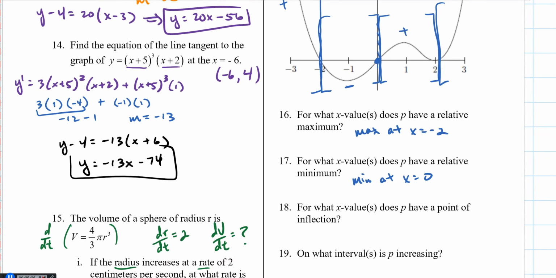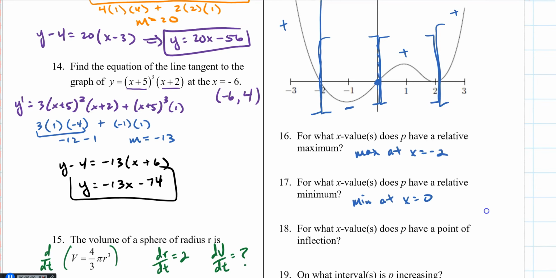18, for what values does p have a point of inflection? So now point of inflection is the second derivative, which is the derivative of the derivative. And we know that points of inflection occur where the derivative of the given graph changes direction.